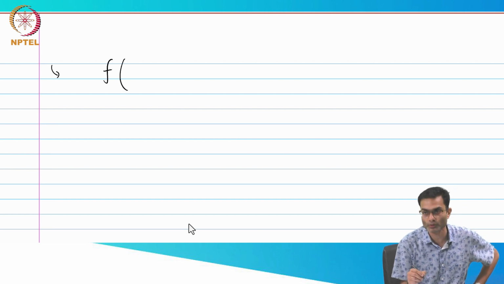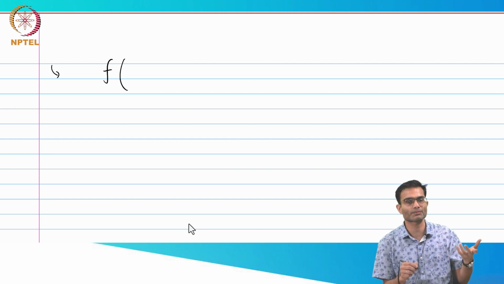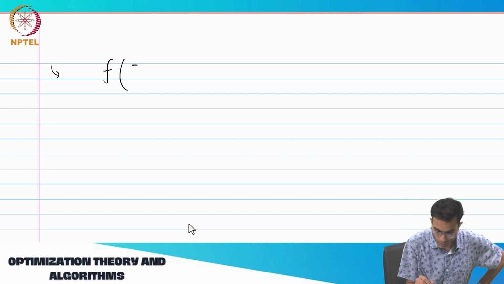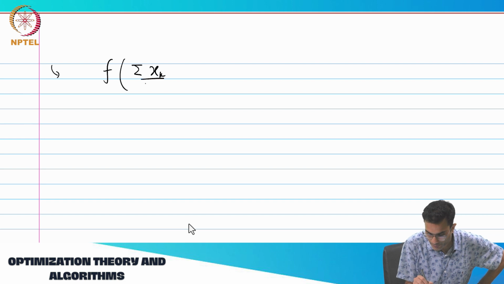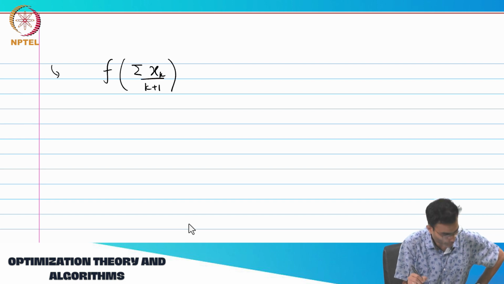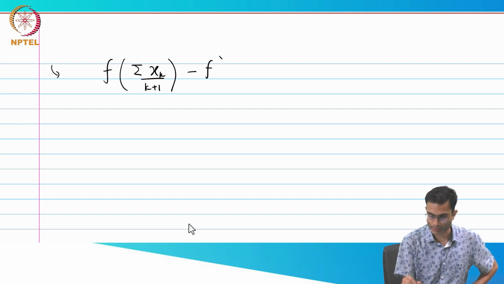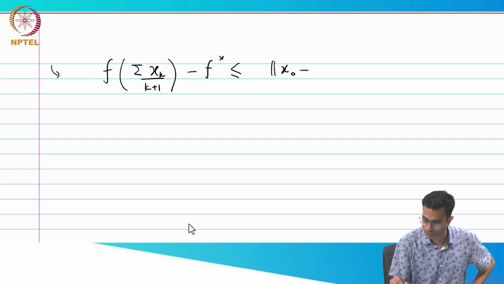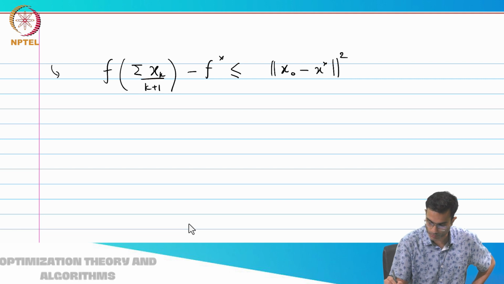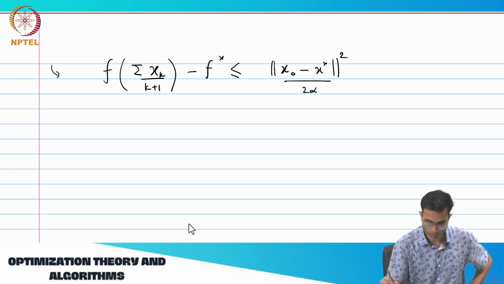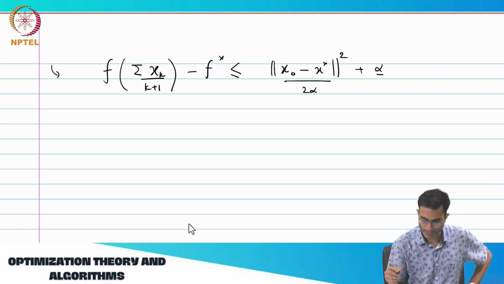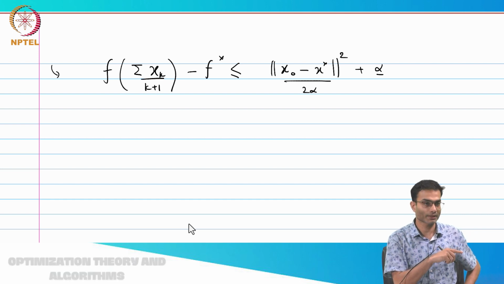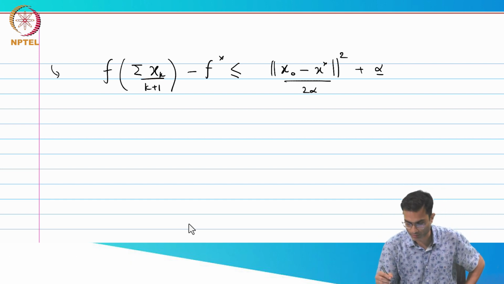So f of, I'm going to replace average of functions by function of average. So this is going to be xk divided by k plus 1, minus f star is less than or equal to x naught minus x star squared by 2 alpha plus alpha by, there was a k plus 1 outside, I'm going to move it to the right hand side.